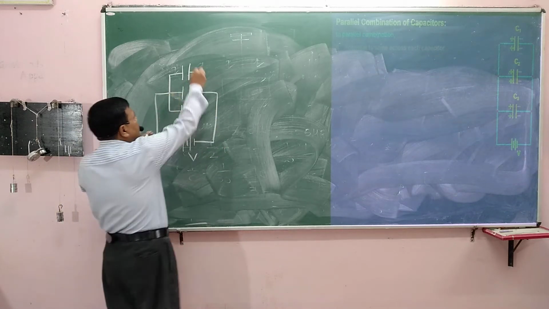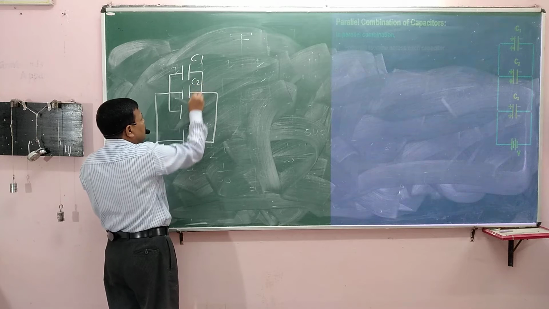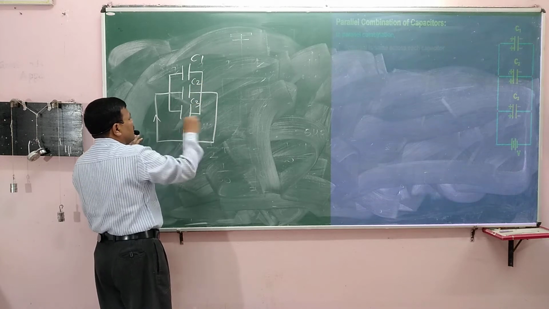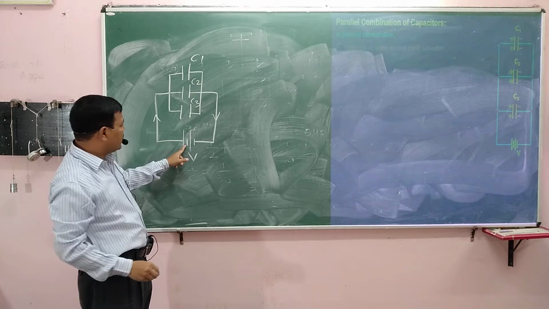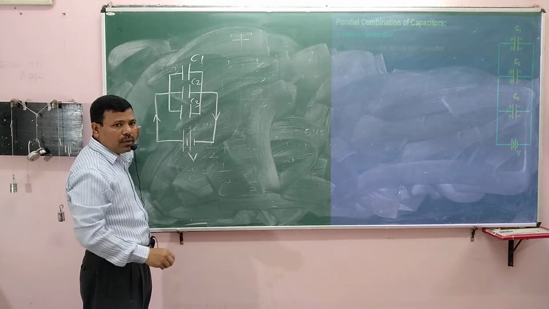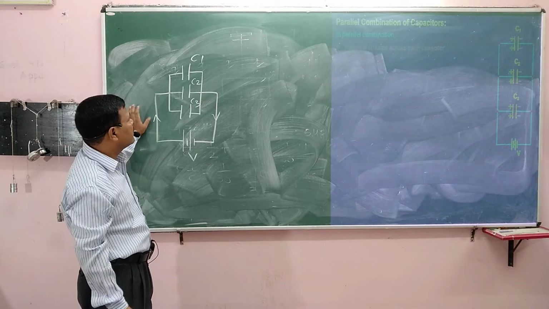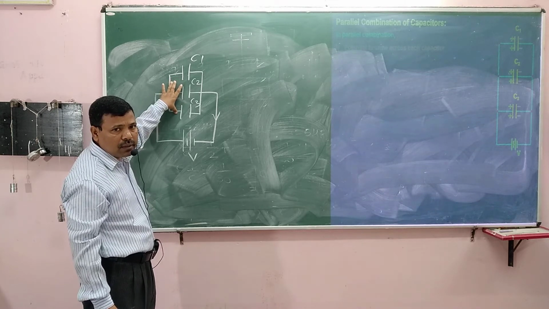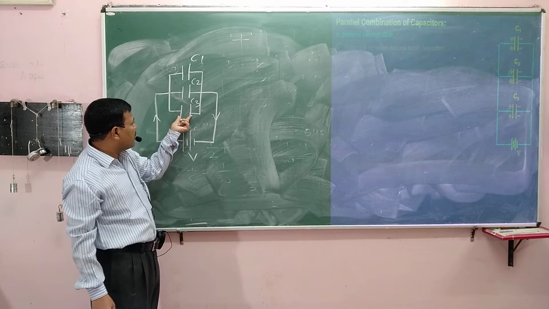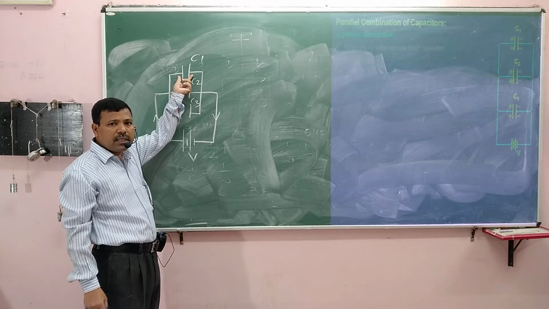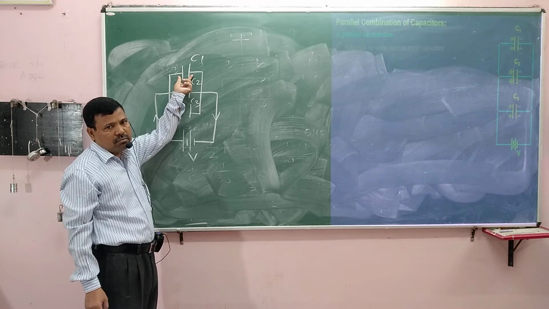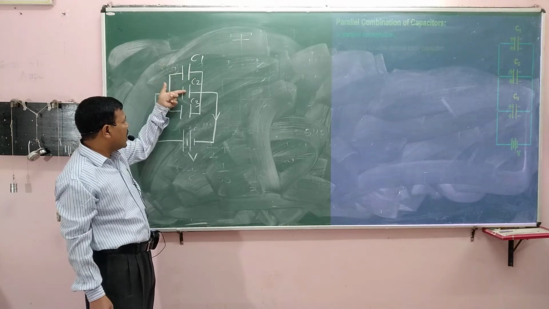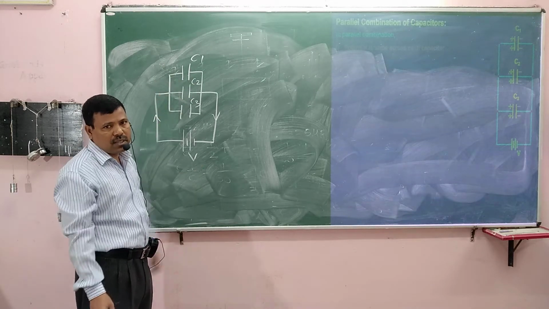Its capacitance is C1, C2, C3, and the direction of current is shown from positive terminal to negative terminal. Fine. In parallel combination, potential difference across the capacitor is same, but charge acquired by the capacitor is different.